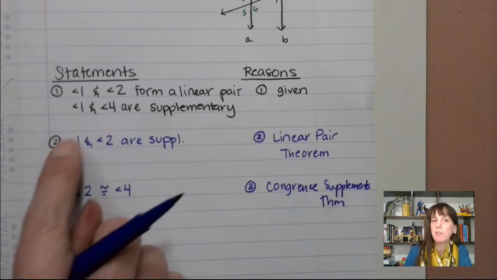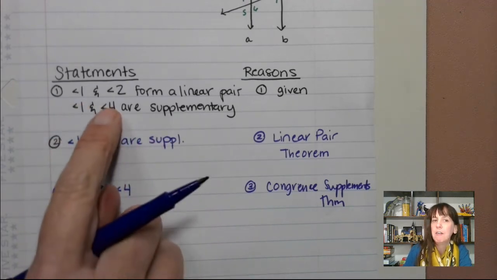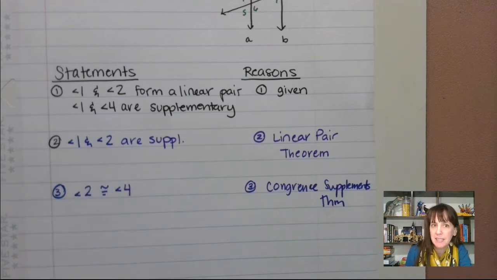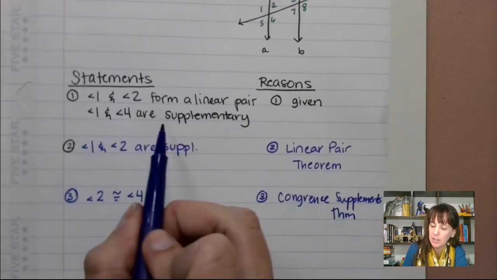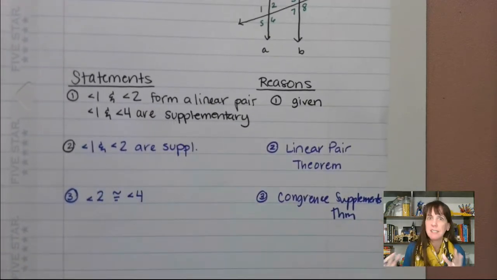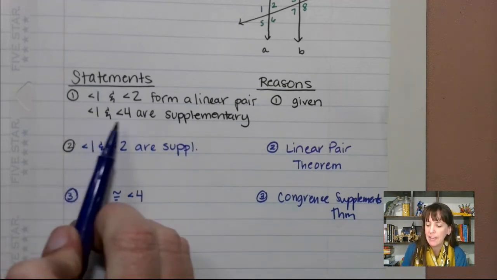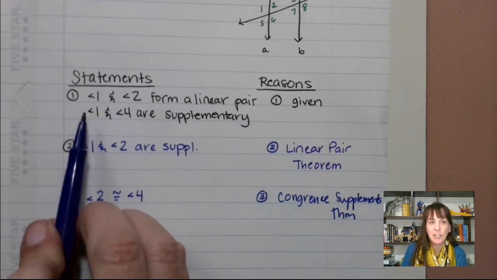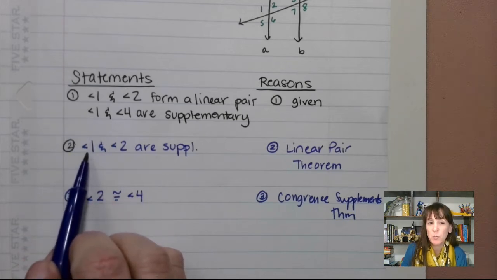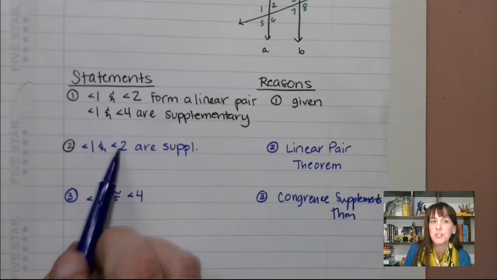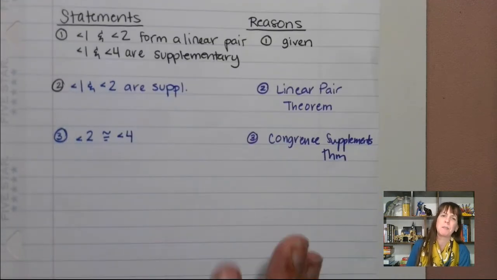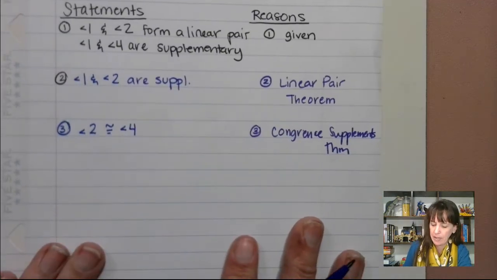So 4 and 2 have to be the same. They're going to be congruent, because let's say one of them is 150 and the other is 30. So if this is 150 and this is 30, they're supplementary. Angle 1, like I said, is 150. If this is 150, this has to be 30. So 4 and 2 are congruent. That's called the congruence supplements theorem. That's the best way to think about that.